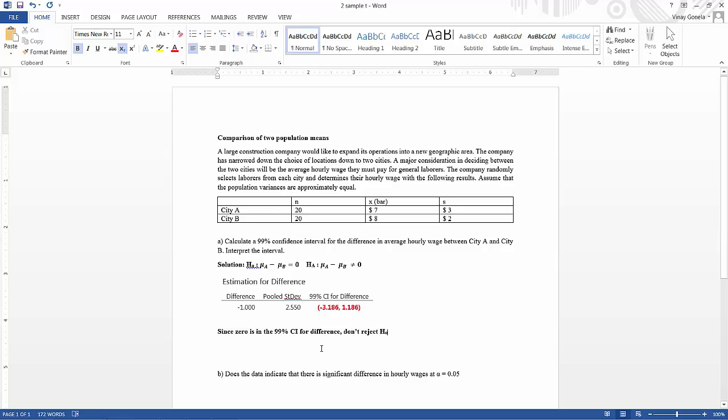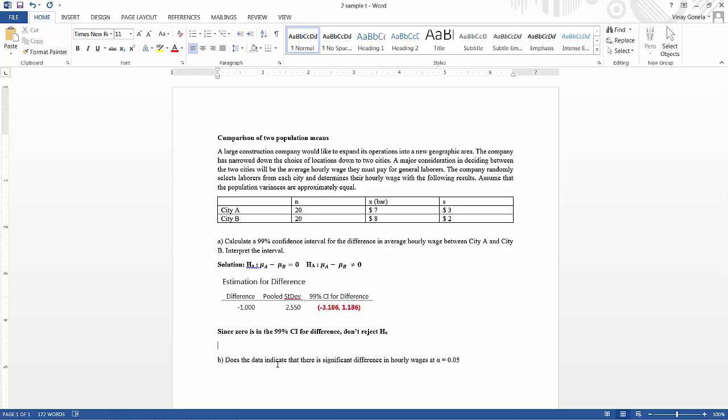So that's how we can do interpretation. We will just look whether 0 is there or not. If 0 is within that limit, we will say H null is true. If 0 is not within that limit, we will say H null is not true.